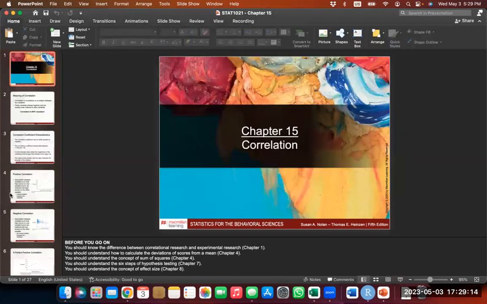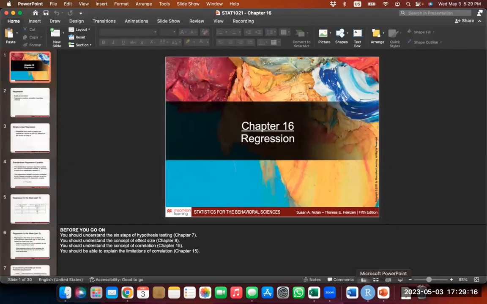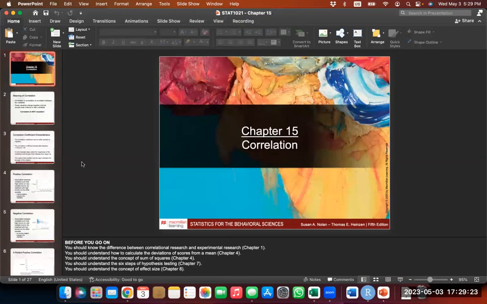So keep in mind, correlation establishes associations and the strength of associations between 2 scale variables, which puts it at variance to the other hypothesis tests where we had independent variables that work categorically with different levels.